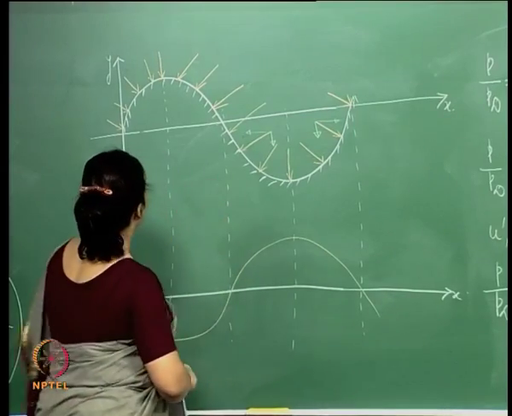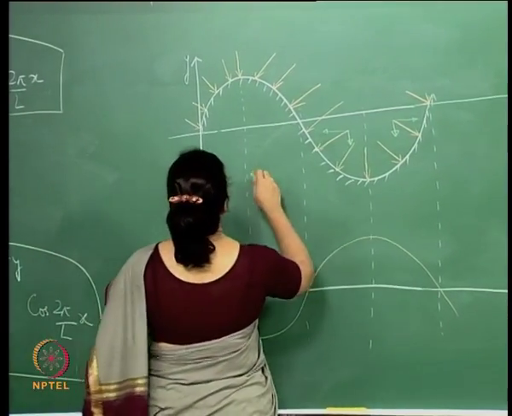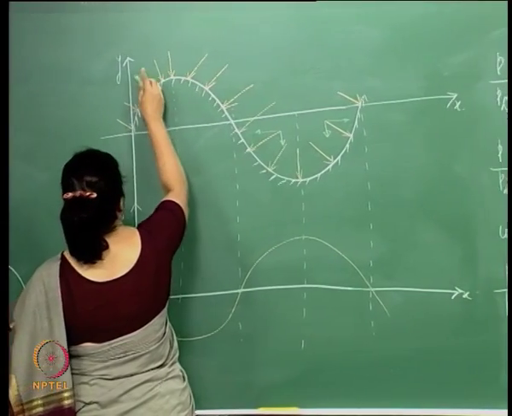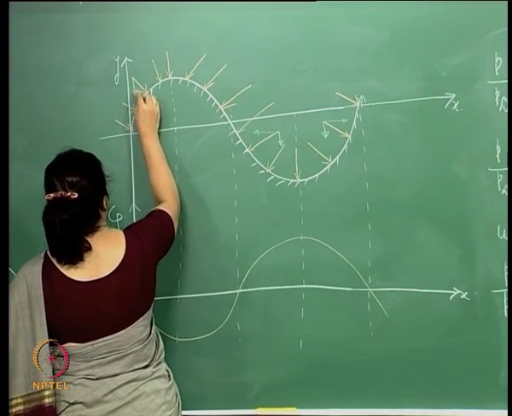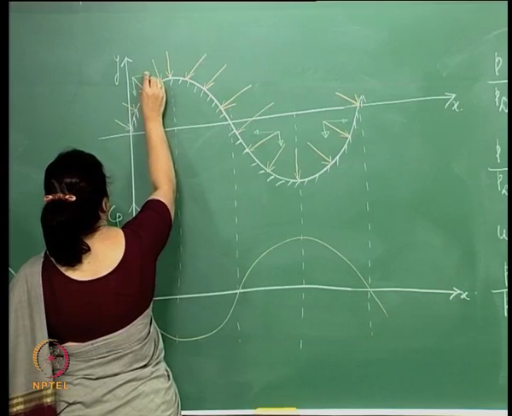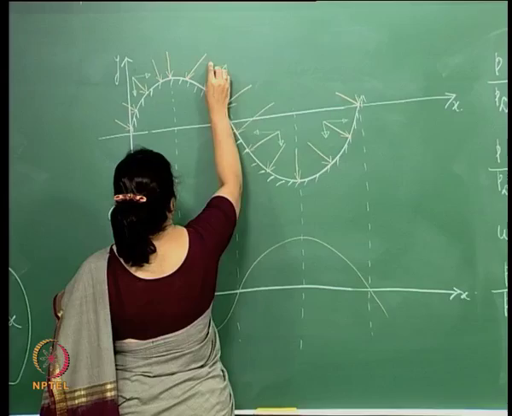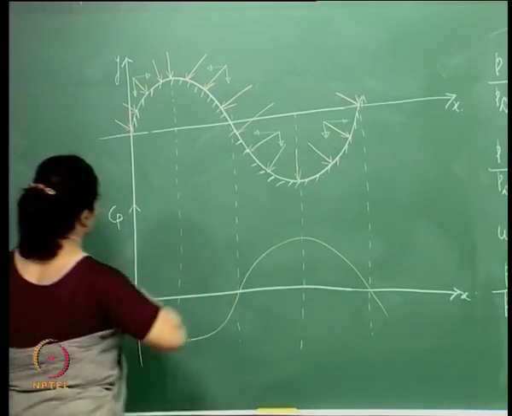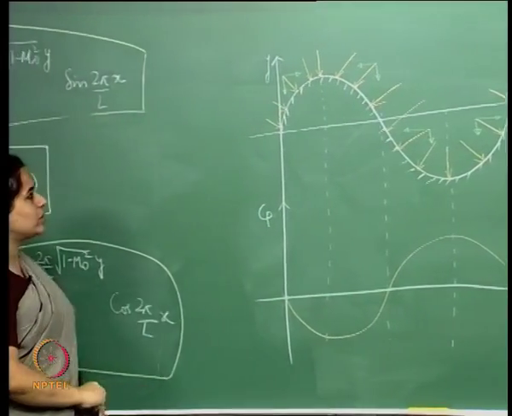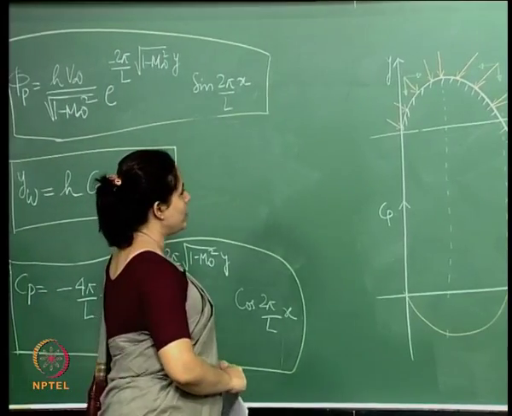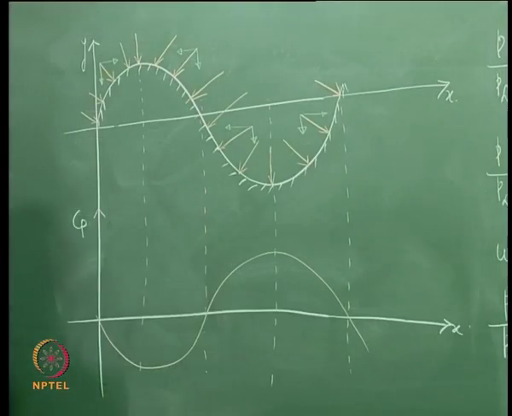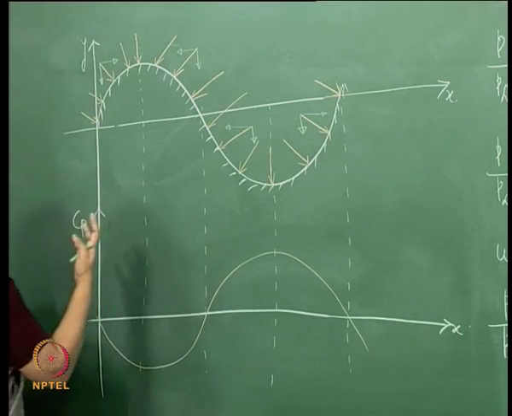Okay. If you look at that, similarly, say we take this and this, right. So this is what we get. So, if you have this, what do you understand from this?